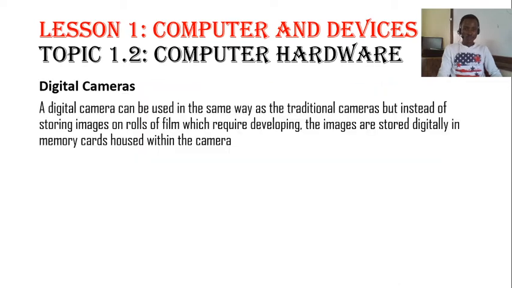We also have digital cameras as ICT devices. Digital cameras are more or less like the traditional cameras that we had, which used film to store images. We used to call the films negatives.